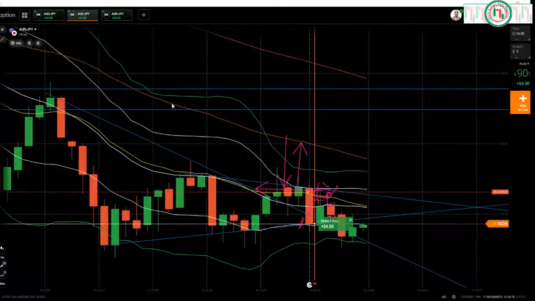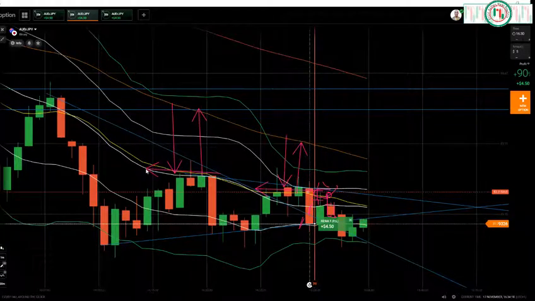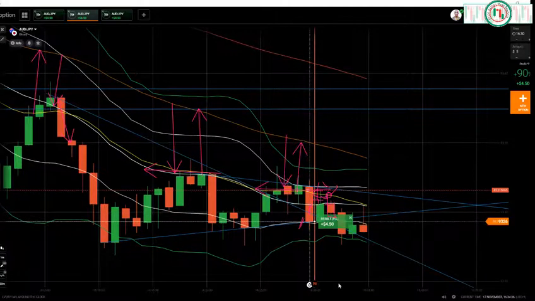Here too far, ranging or pullback. You see a consolidation area, you see here too far, you see pullback, too far, consolidation, reverse, too far, consolidation, reverse.